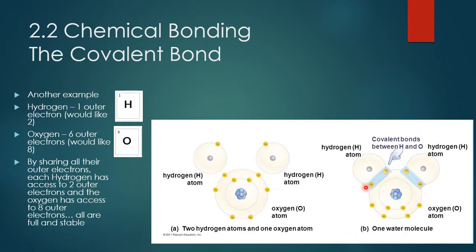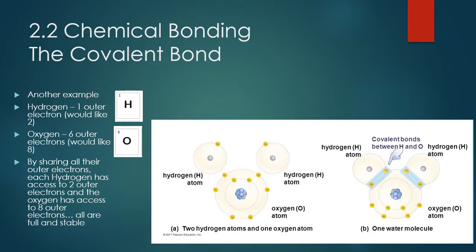And then oxygen can also share one of its electrons with hydrogen. So hydrogen has access to 2 electrons in its outer ring here, and then this other hydrogen can also share an electron with oxygen. And so this hydrogen also has access to 2 electrons in its outer ring. So both of the hydrogens and the oxygen all have access to full outer rings.